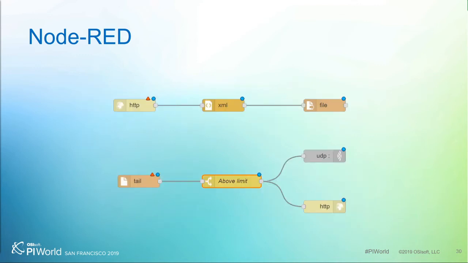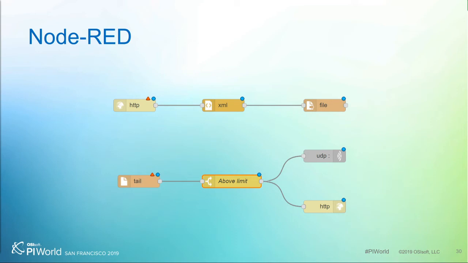So what is NodeRED? This is NodeRED. It allows you to get, like, an HTTP generator. You specify anything like an endpoint. You can convert it to XML and store as a file, and you can leave that running. For instance, if you have an equipment generating an XML log, you can store that log from time to time.